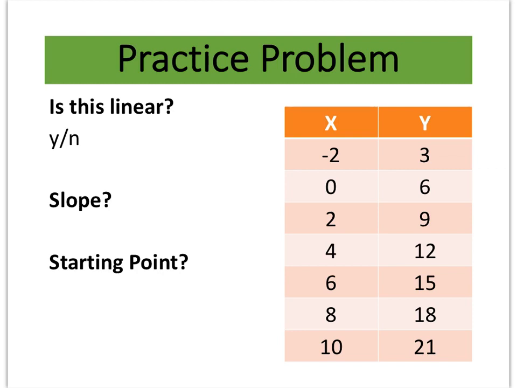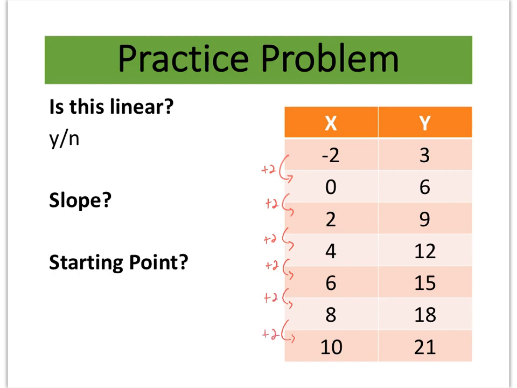Let's take a look. Now, if I'm thinking about whether this is linear, I want to check as many of these as I possibly can. And there are some tricky ones. I notice -2 to 0 is +2. 0 to 2 is +2. +2. +2. Okay, all of these seem to be +2, but that doesn't make it linear.